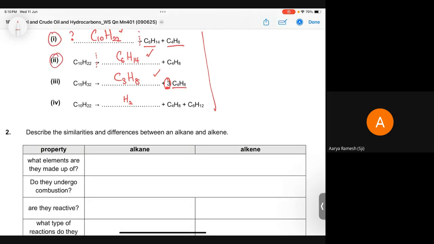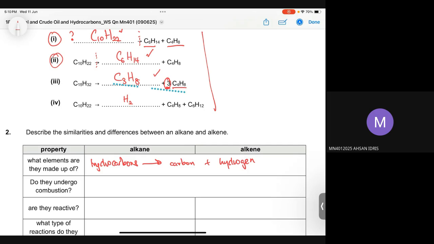Okay, first one. Asan, what are the elements that made up alkane and alkenes? It's just hydrogen and carbon. Carbon and hydrogen. Good. That's why they are also known as, what are they called? Hydrocarbons.